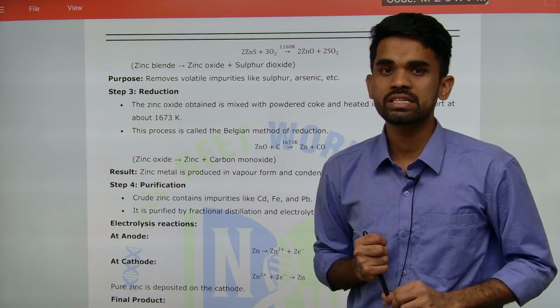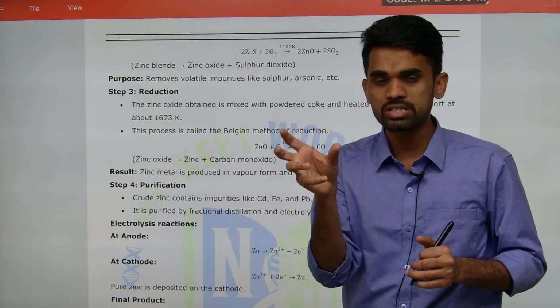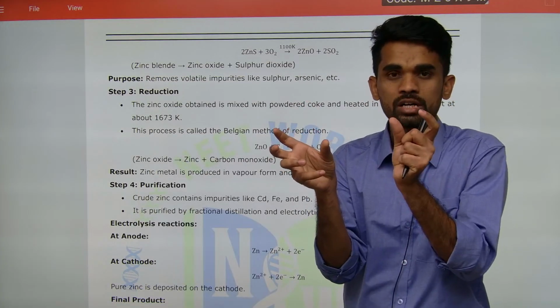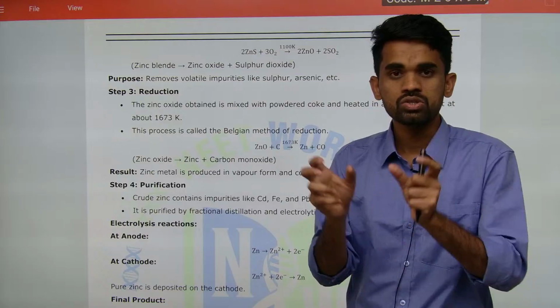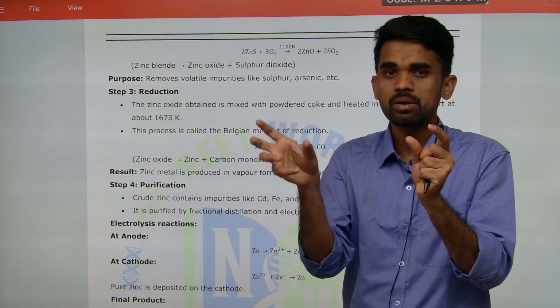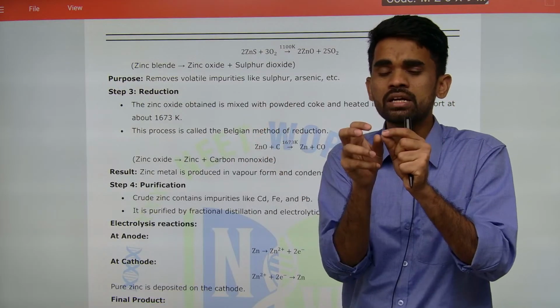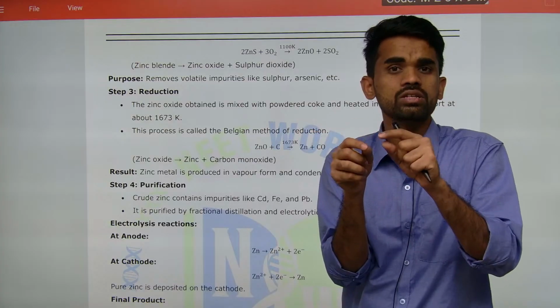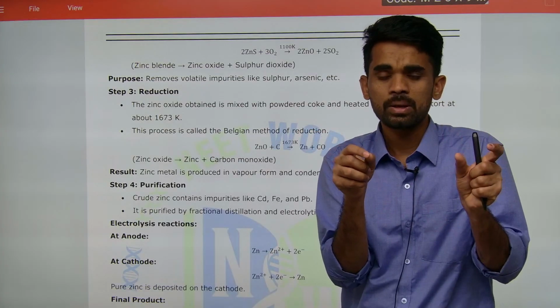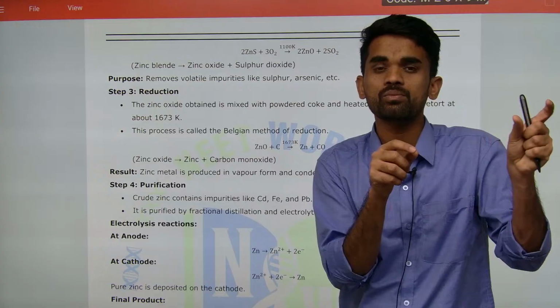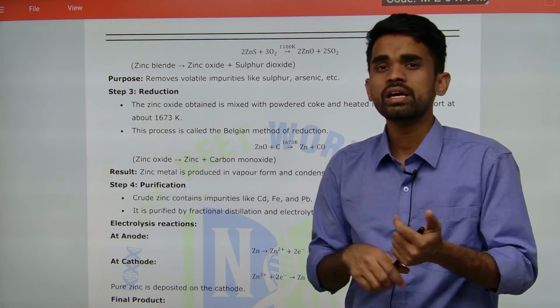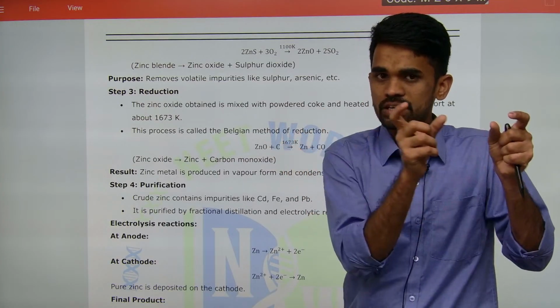Now we got our zinc oxide. So zinc oxide is now treated with coke, it means we are using a reduction process. Coke means carbon plus zinc oxide. So together they undergo reaction and give a reduction product, zinc metal is formed and carbon monoxide gas is released. Now zinc oxide is converted into zinc, right?